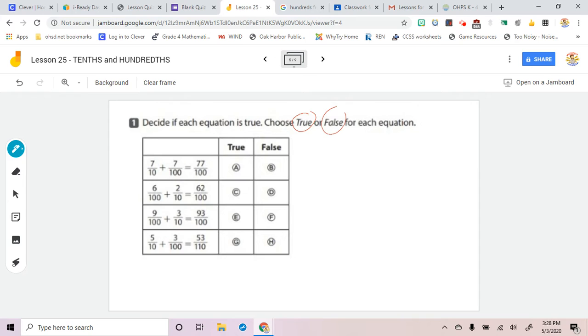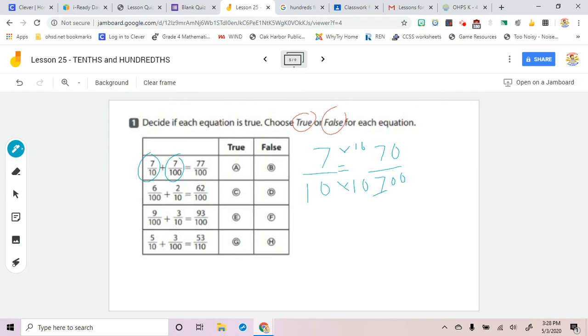All right, welcome back. Let's take a look at these. So we're deciding if it's true or false. So I see 7/10 and 7/100. So let's see, I know 7/10 is going to be the same as, if I multiply the top and bottom by 10, those are supposed to be tenths, 7/10 is the same as 70/100.